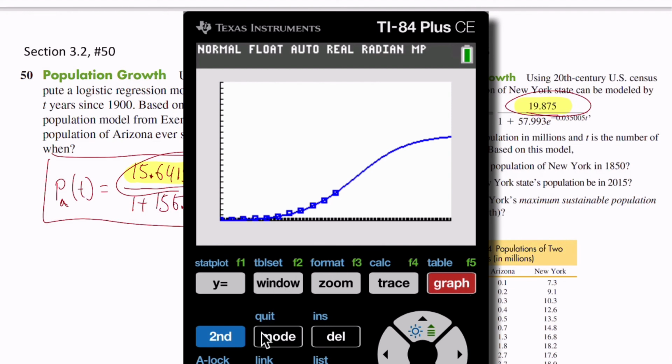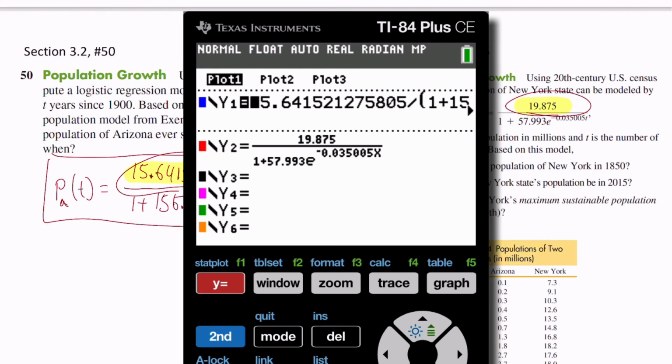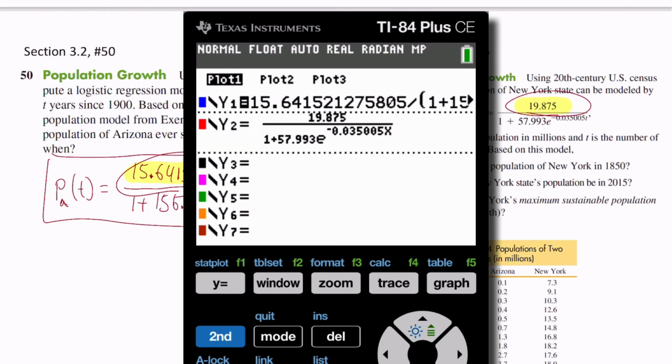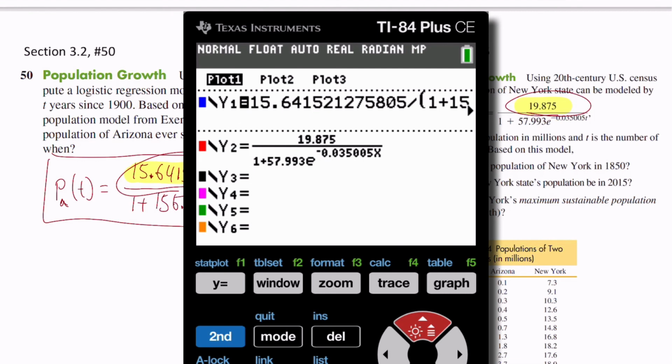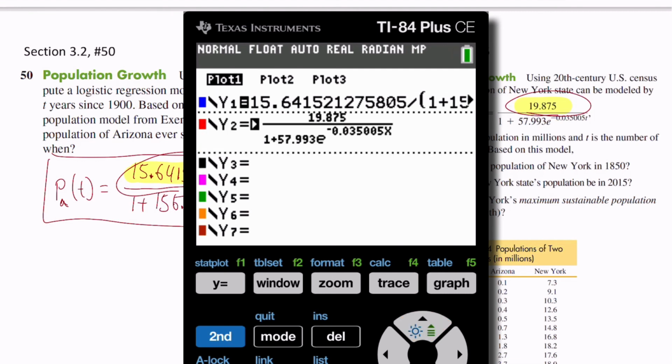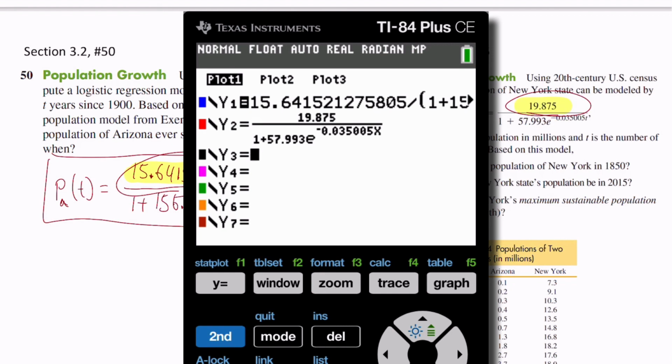If I want to compare that on the same set of axes next to New York, I need to shift New York's function over 100 years, because we were talking about number of years since a certain date. The New York function does include 1900 as well, but its starting time is 1800. So since the Arizona graph starts at 1900, we need to take y2, which is New York, and shift it. There's actually a fast way to do that using transformations, using function notation.